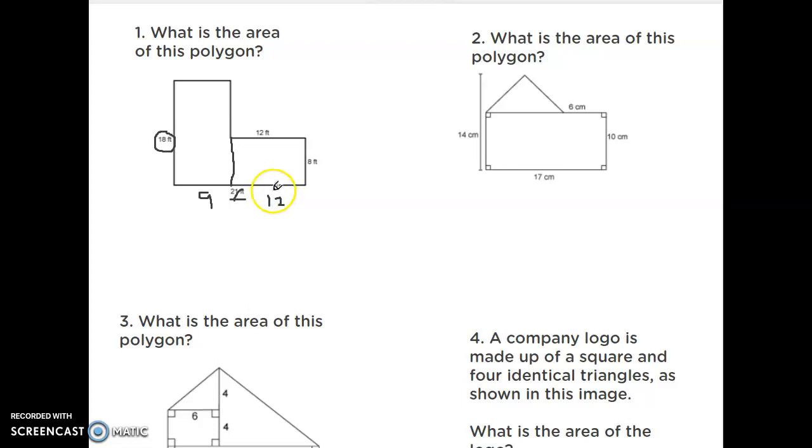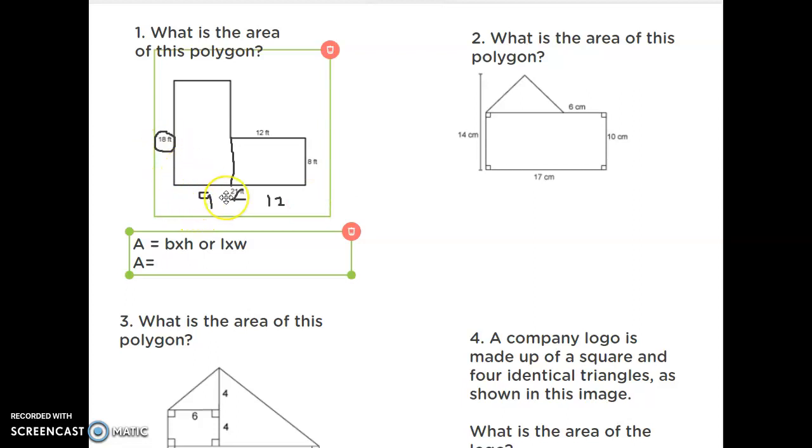So remember, area of a rectangle is base times height or length times width. The area for this would be, our base is 9 times 18 is our height.